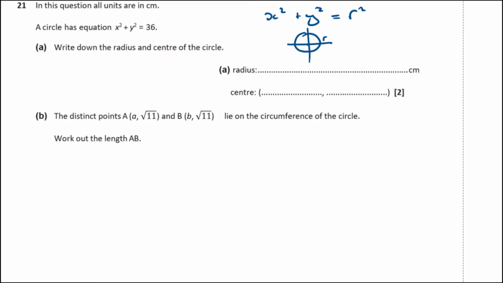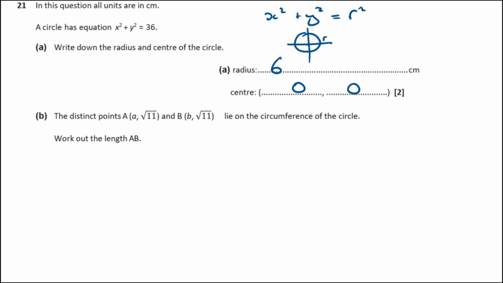So the center of the circle is going to be 0, 0, and if x squared plus y squared equals r squared, and that's 36, then r is going to be the root of 36, which is 6. So this is a circle with radius 6 centered on the origin.